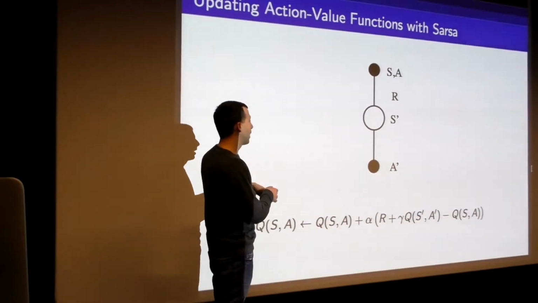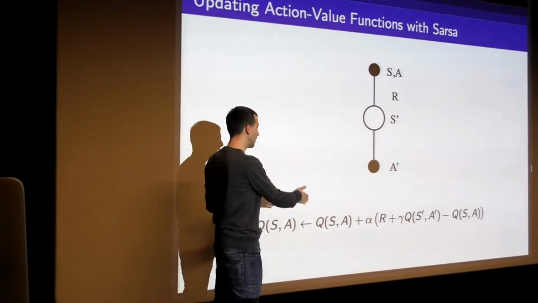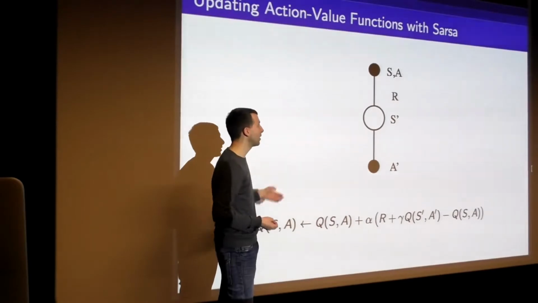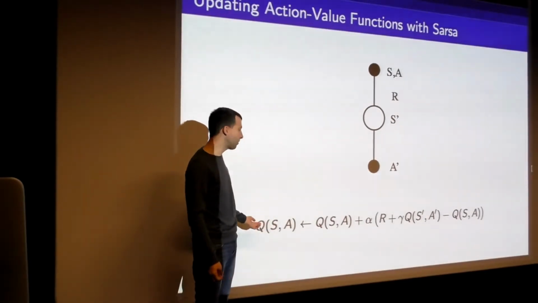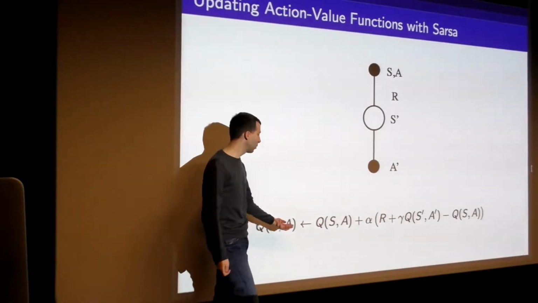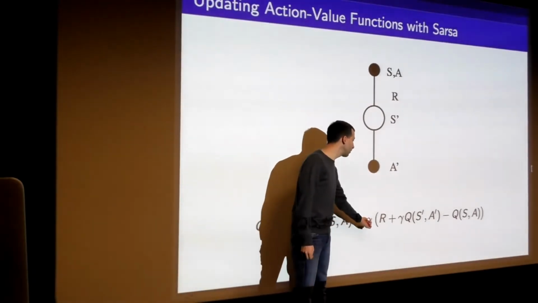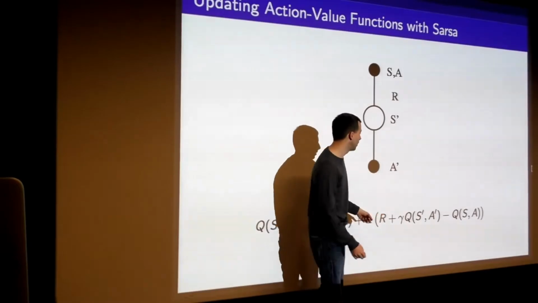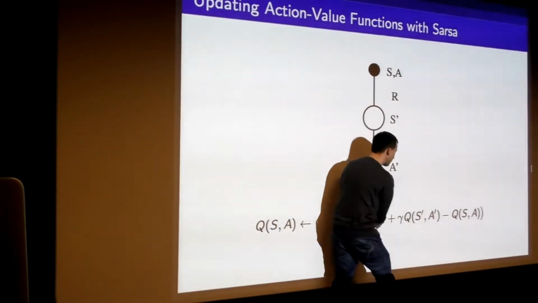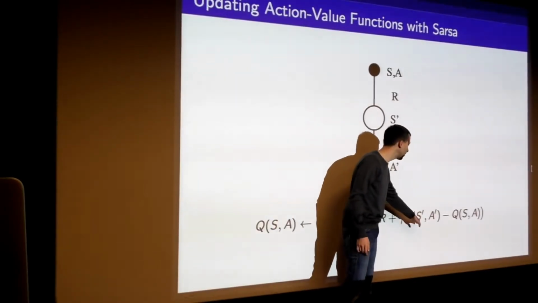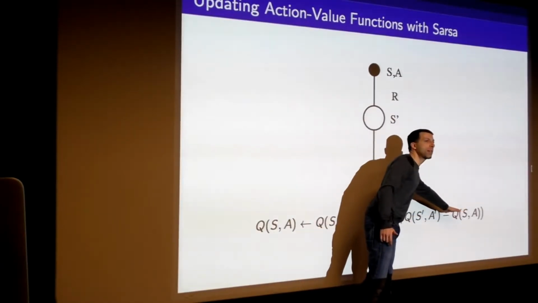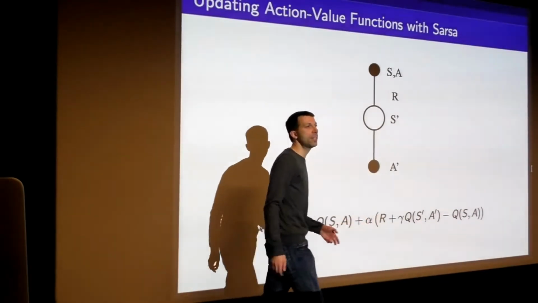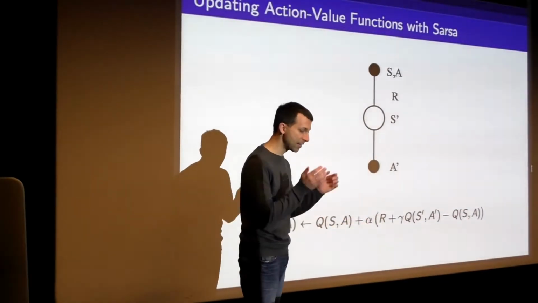Okay. So SARSA indicates a particular update pattern that we're going to use. What do we do? We start with our Q values. We're going to move our Q value a little bit in the direction of our TD target, reward plus our discounted Q value of the next state, minus the Q value of where we started. So again, I was in some state and I'm considering taking some action.